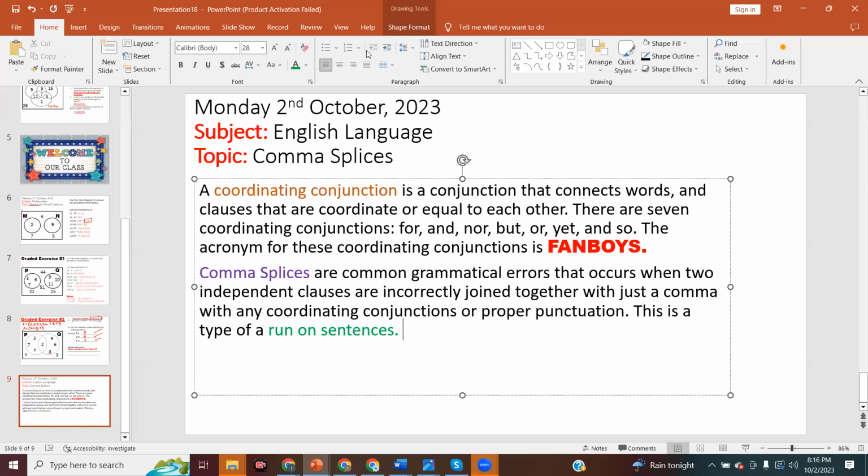But it just means that you need to be careful how you are writing your work, because it's grammatically wrong. So no, Tyra, we do not want more run-on sentences. We want to make sure that we avoid them as much as possible.